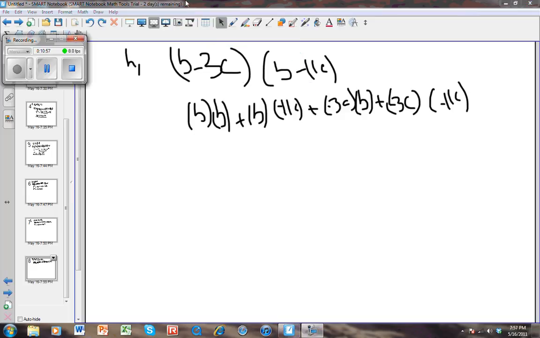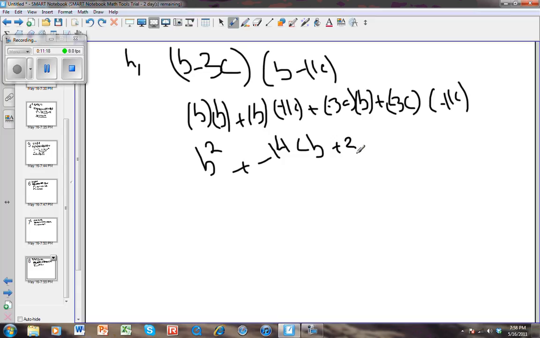Done. So we are going to simplify that, and it's going to be b squared plus negative 14bc plus 33c squared.